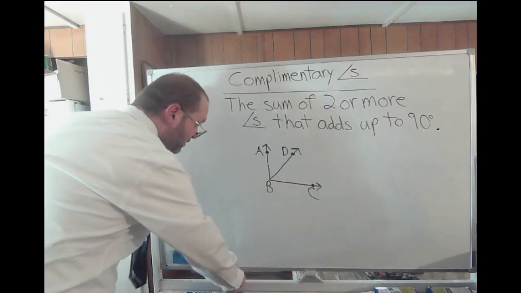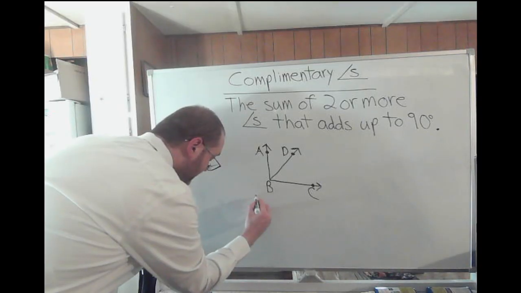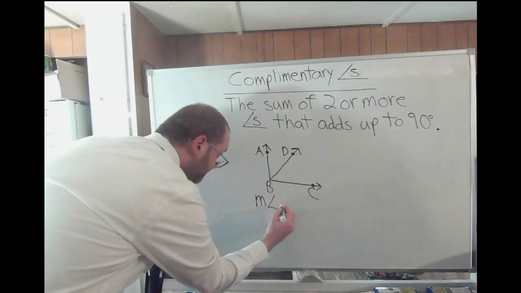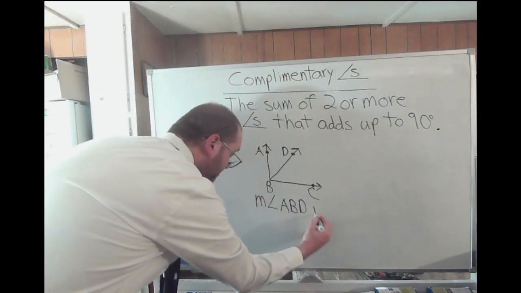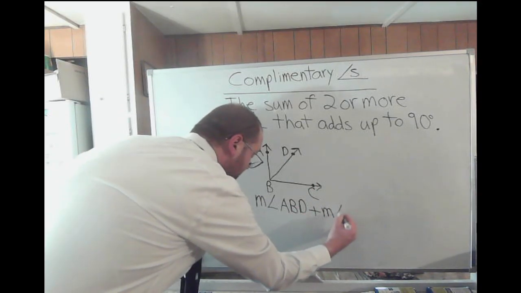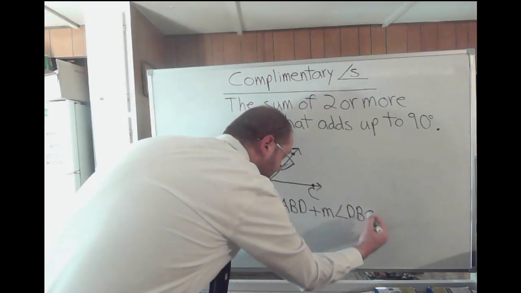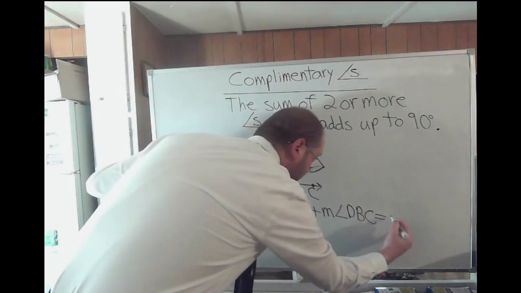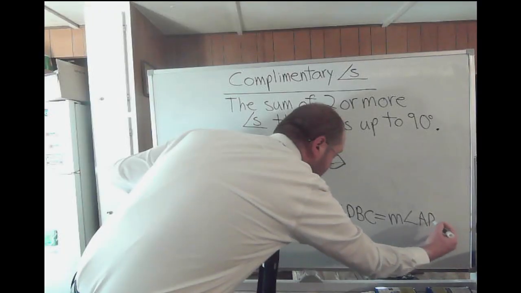So together, we can say that the measure of angle ABD plus the measure of angle DBC equals the measure of angle ABC.